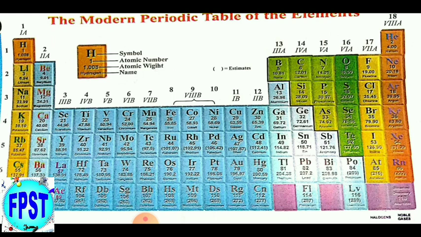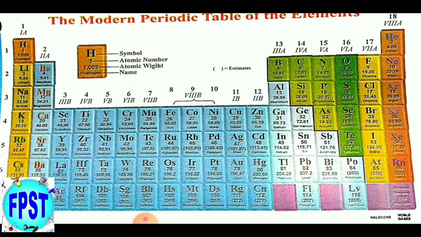In this way, the valency configuration of the first group elements is ns1, meaning 1s1, 2s1, 3s1, 4s1 and so on. The second group elements have the valency configuration ns2.